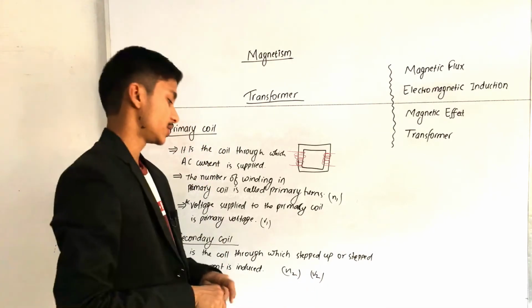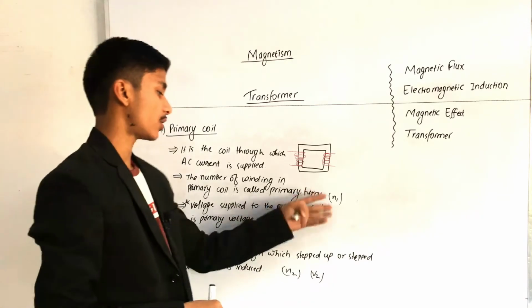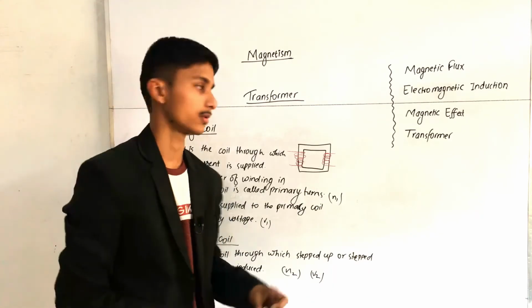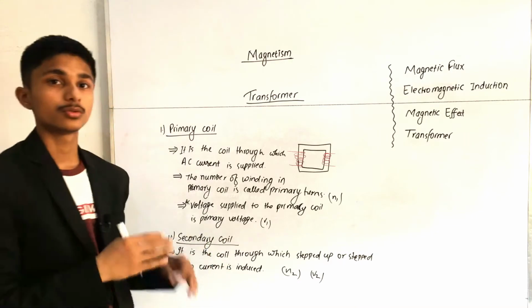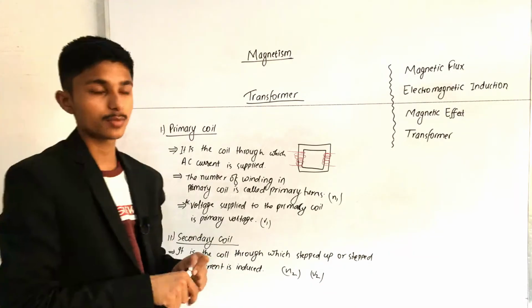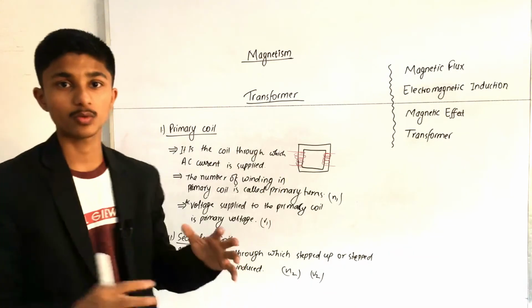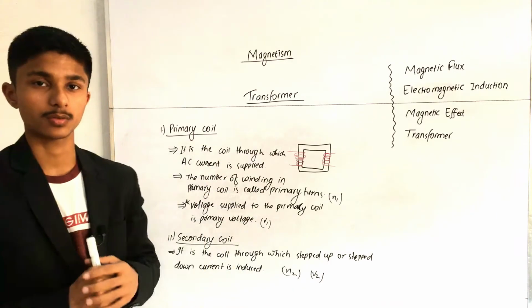Okay, we can see we use this in the formula. Now we move to the next topic, that is the working principle of this transformer. What is the working principle of this transformer?